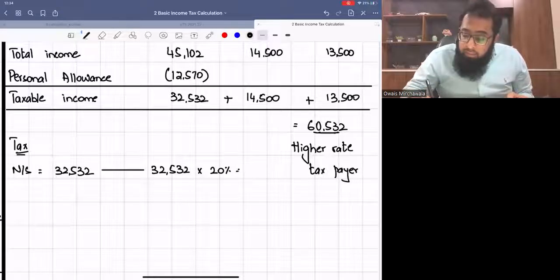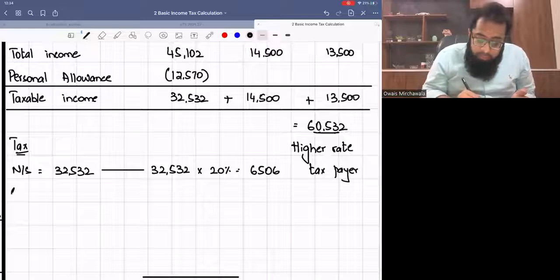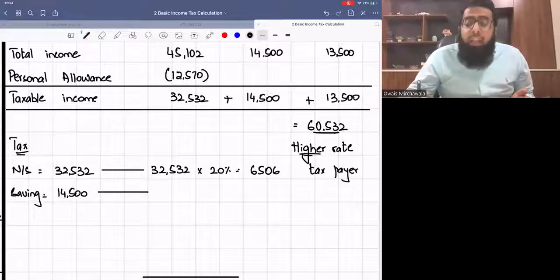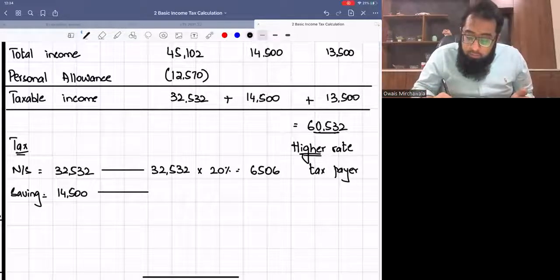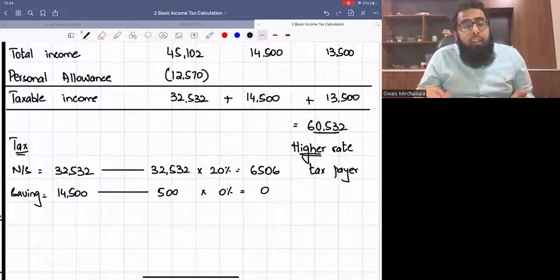So this gives me 6506. Then we have saving income, which is 14,500. Now, since we are a higher rate taxpayer, first 500 will go in the 0% band. So this will give me 0.